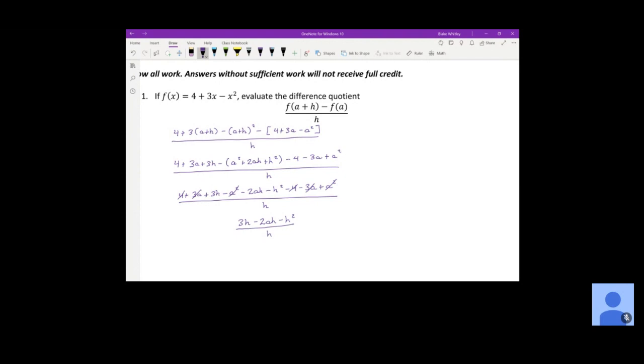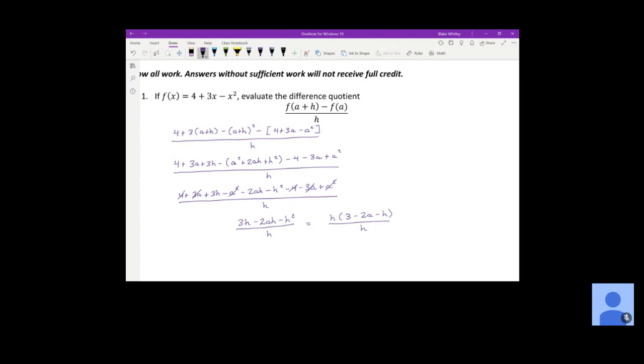Right. Then what can we do at that point? Good. Factor out your h in the numerator. If we do that, we get 3 minus 2a minus h all over h.